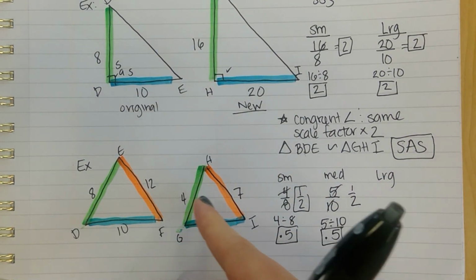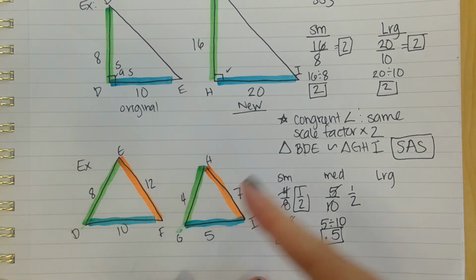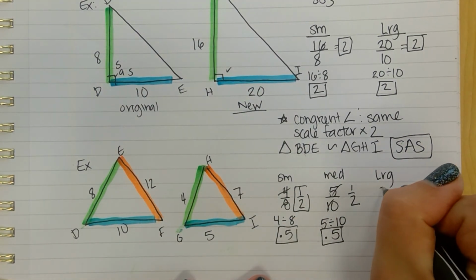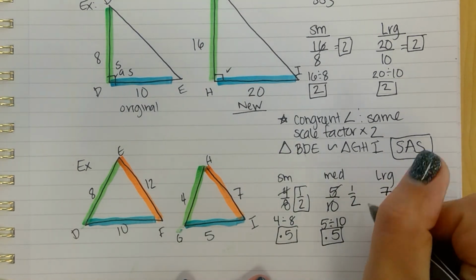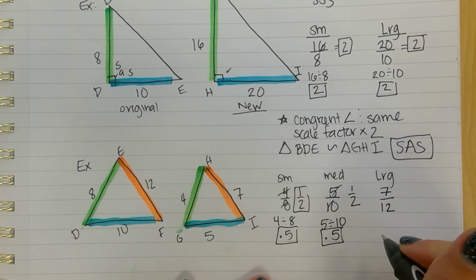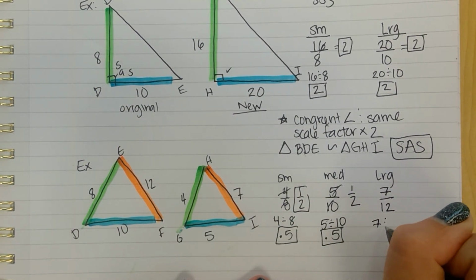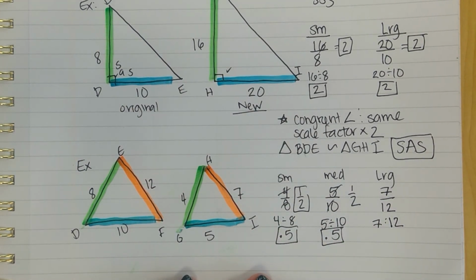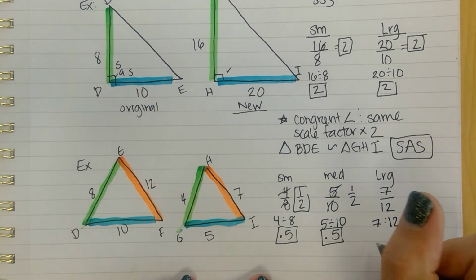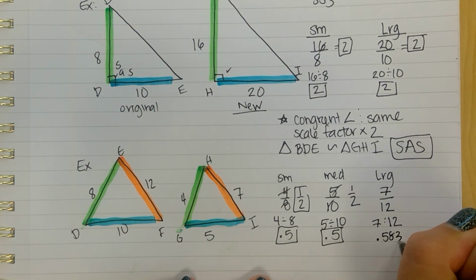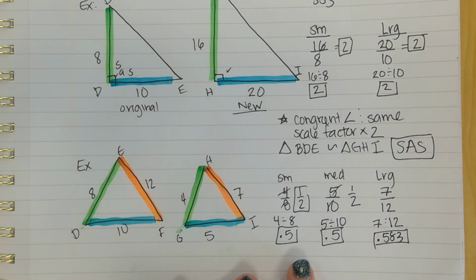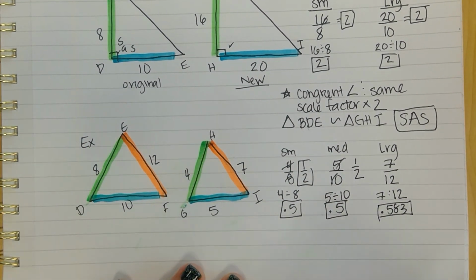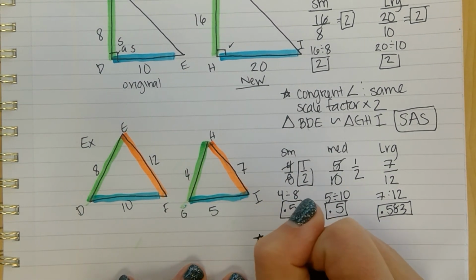The problem comes when we compare our longest side, the orange. The orange of the new triangle is 7 divided by the original orange 12. 7 divided by 12 doesn't give you 0.5. It gives you 0.5833. What you're going to see is the scale factor is not the same.